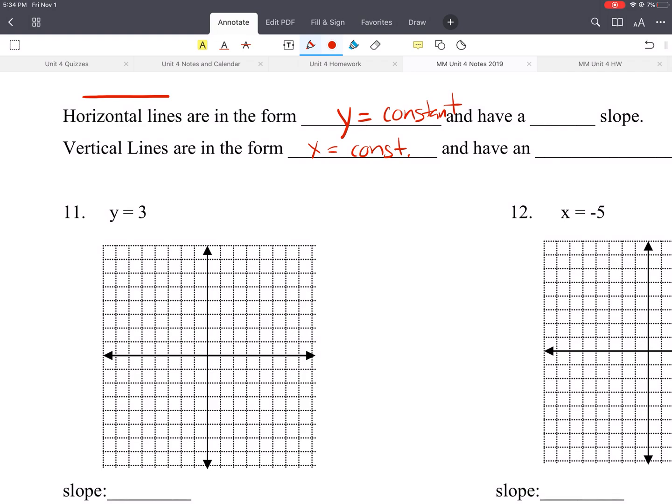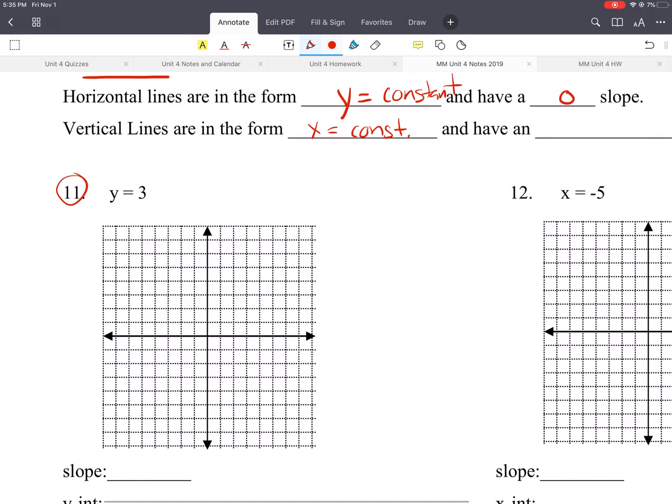Okay, so like y equals 3, for example, number 3. Yeah, some sort of constant. It has a slope of 0. Okay, a horizontal line always has a slope of 0.